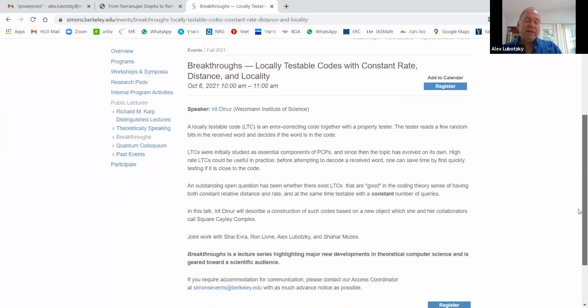Very, very recently, really a few weeks ago, this circle of ideas of using Ramanujan graphs, a higher-dimensional version of them, was found to have a fairly dramatic application in error correcting codes to find the so-called locally testable codes. This was an open problem for 30, 40 years or even more.